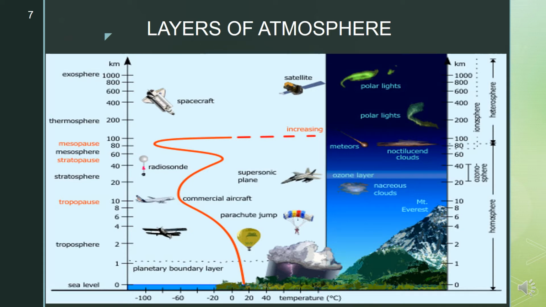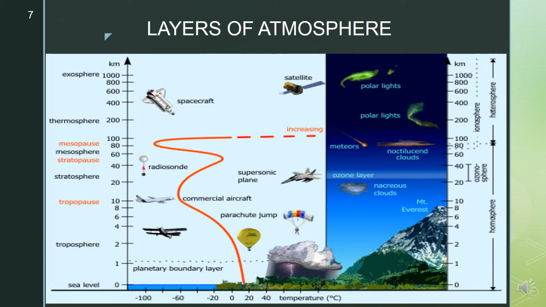We know that the atmosphere consists of 5 layers: troposphere, stratosphere, mesosphere, thermosphere and exosphere. Troposphere is about 6 to 20 kilometers and stratosphere is about 20 to 40 kilometers.